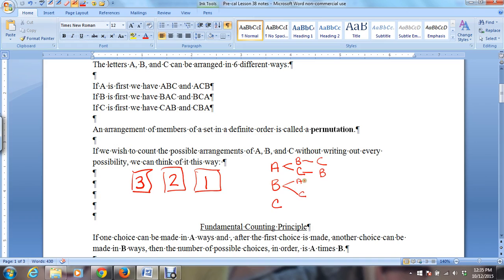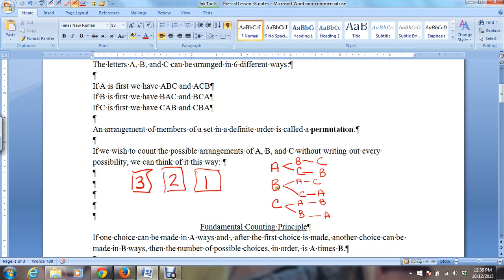If I pick B, then A, then C would come last. If I picked B, then C, then A would come last. And if I pick C first, I can pick A or B second. And if I pick C, A, what's left is B. C, B, then A would be left. So you can see that in the end, there are 6 different ways to do it.